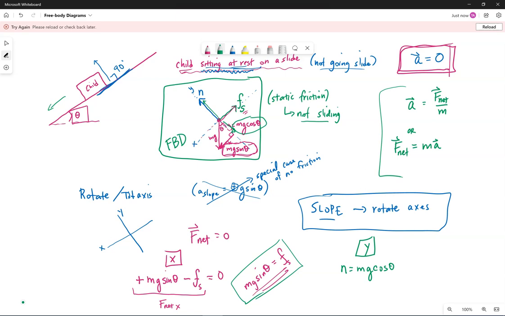But since we know there's no acceleration in that direction, they have to balance out. If you want to reason through it in terms of net force, we would say the normal force in the positive y direction minus the component of gravity in the negative y direction would represent our net force in the y direction. That would have to equal 0, because there's no acceleration in the y direction.